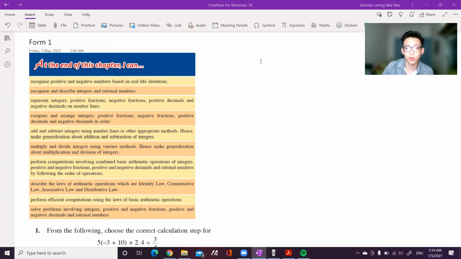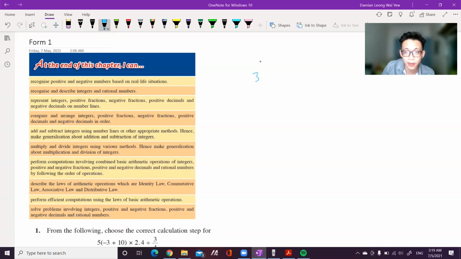It's like the neutral ground. A rational number is a number that you can express as a fraction, where both your numerator and denominator are whole numbers. For example, a fraction like 3/5 would be a rational number.